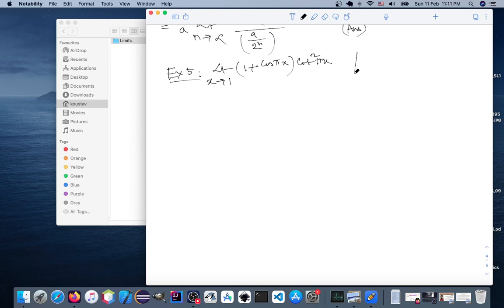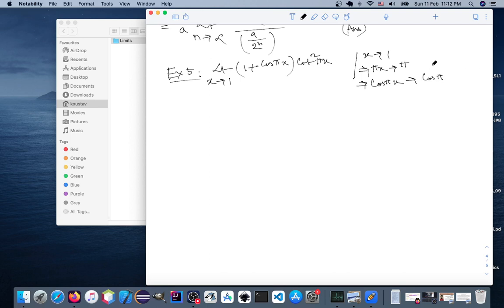Okay. So we see that when x tends to 1 implies pi x tends to pi implies cos pi x tends to cos pi.